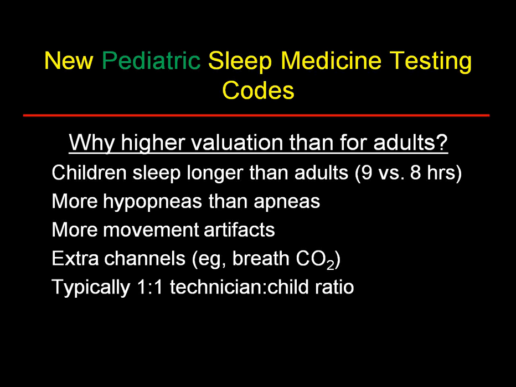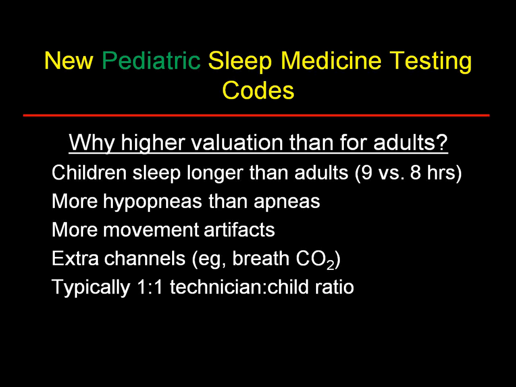As we will see in a slide or so, there's a higher valuation for the studies in children than in adults. This is for several reasons. As I mentioned before, children sleep longer than adults. The typical sleep hours are longer, and therefore the mandatory recording time is a full hour longer, 7 hours for children as opposed to the 6-hour minimum recording time for adults. Children have many more hypopneas rather than true apneas, which are slightly more difficult to detect.